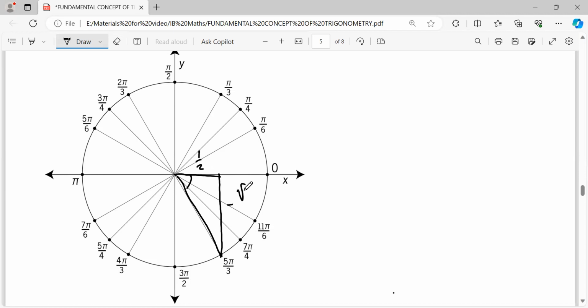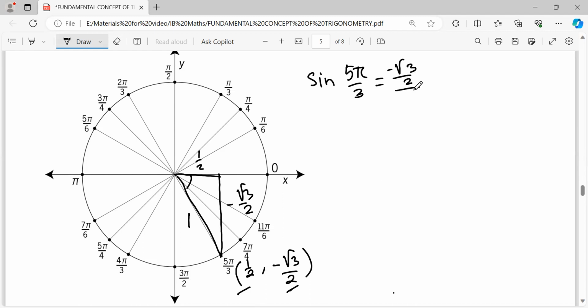Half, negative square root 3 over 2. The coordinate point here is half, negative square root 3 over 2. This is the sine value, and cosine is half. So sine 5 pi over 3 equals negative square root 3 over 2 over 1, negative square root 3 over 2.